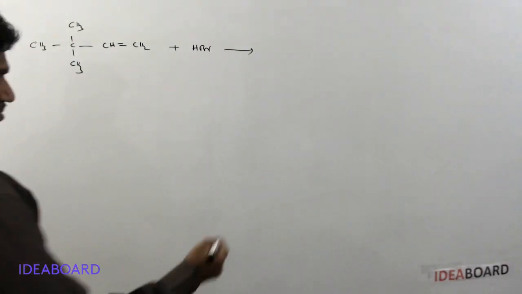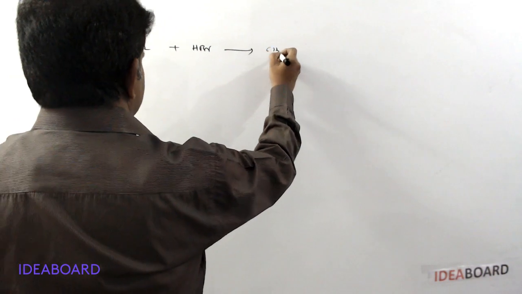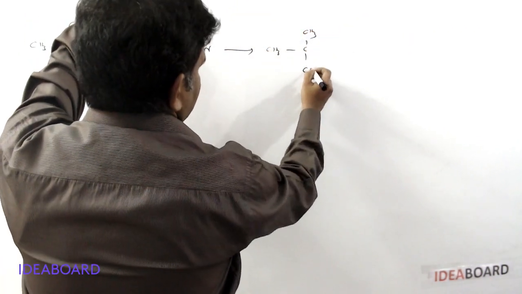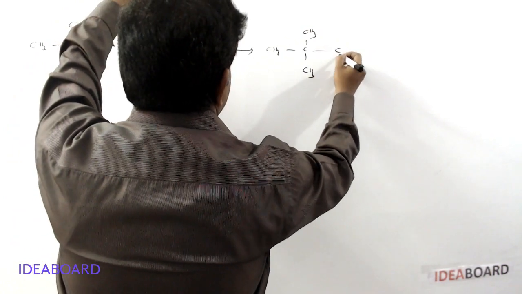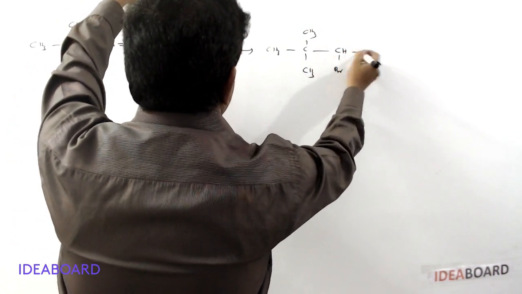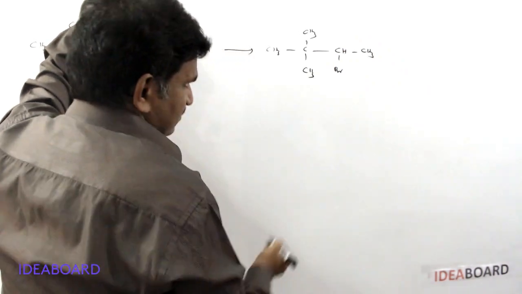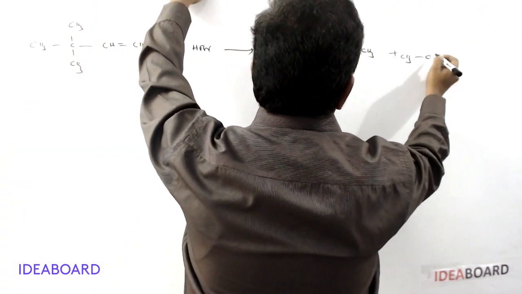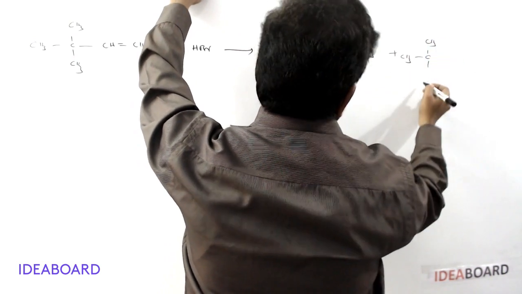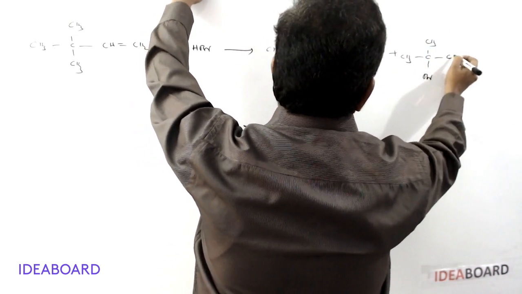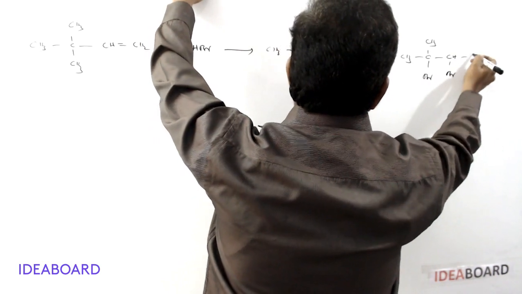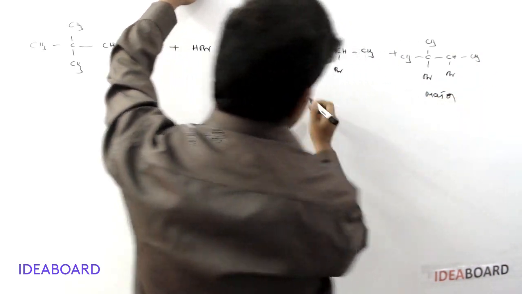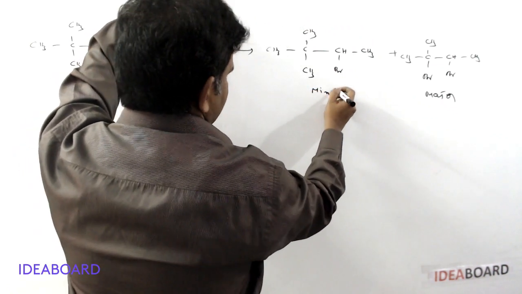In this reaction, the products we can expect are CH3 C CH3 and CH3 C Br H and CH3, and another possibility is CH3 C CH3 Br and CH Br and CH3. This is the major product and this is the minor product.